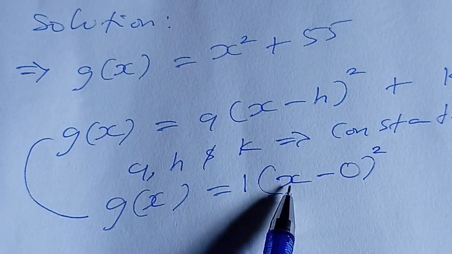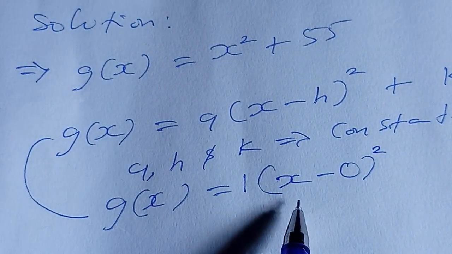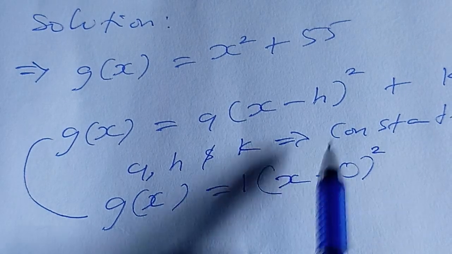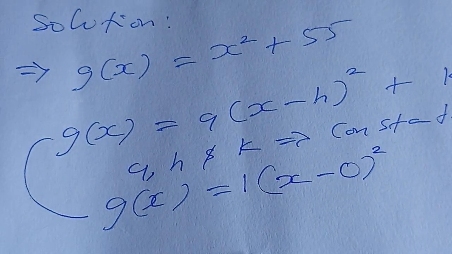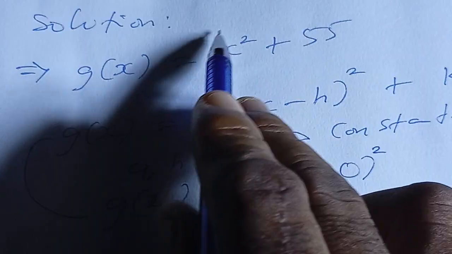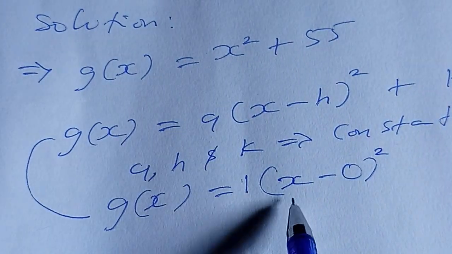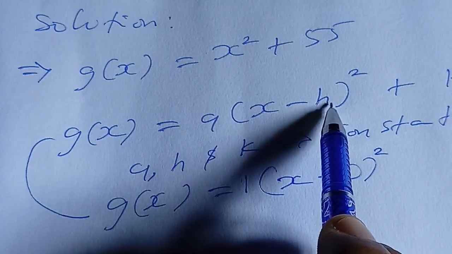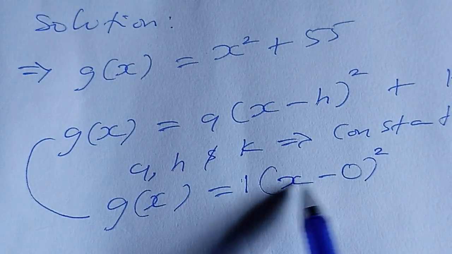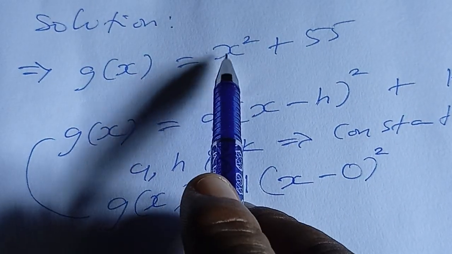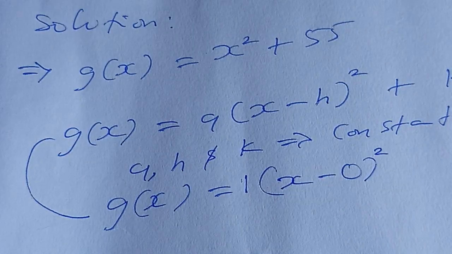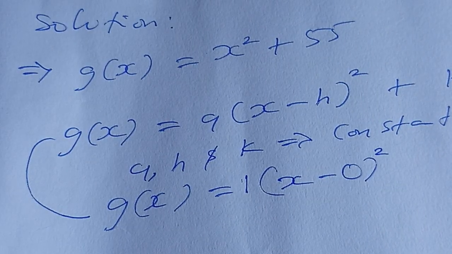That is why x stood alone to become x squared, because x minus 0 is x, and then all squared means x squared. Coefficient a is 1, and x minus h is x minus 0. That is what resulted in x squared.